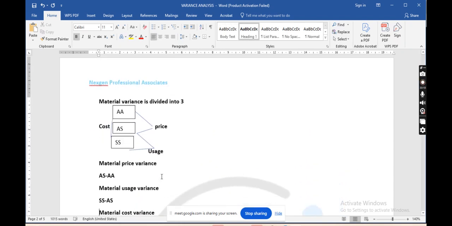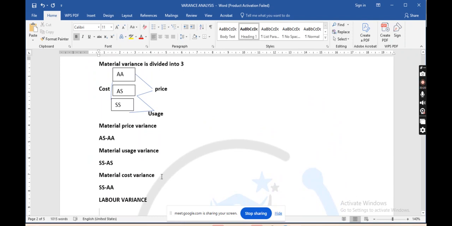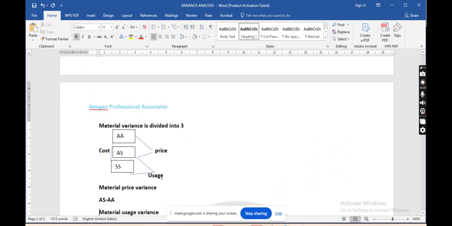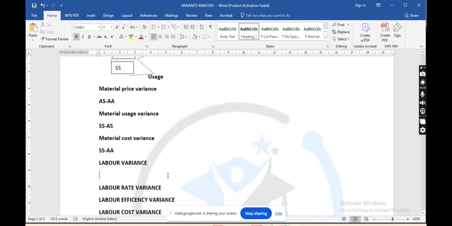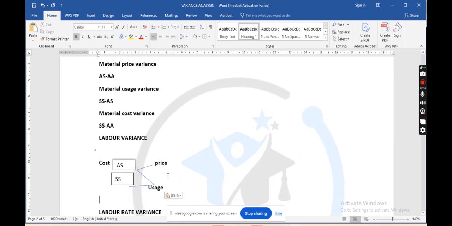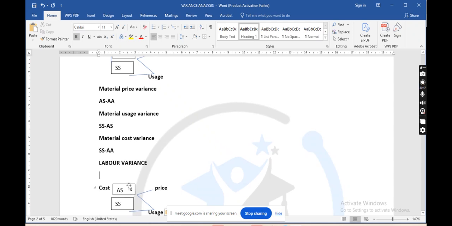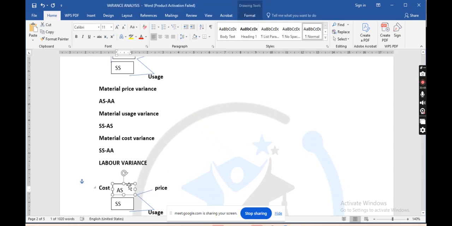The only thing we will change is that it will not be price and usage, it will be rate, because labor is divided into three: the labor cost, the labor rates, and the efficiency. So the last one is what? AA, right? AA.